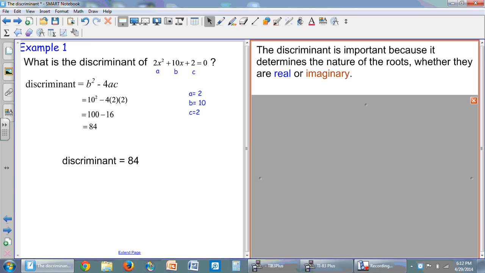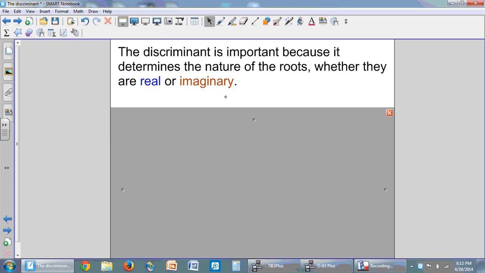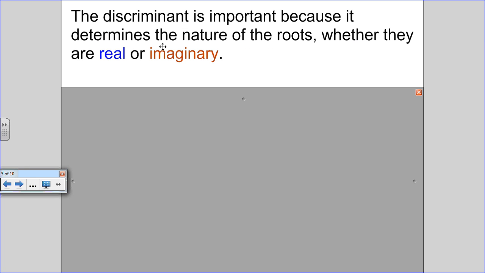Okay, the discriminant is important because it determines the nature of the roots, whether they are real or imaginary. So remember in the earlier slide we talked about you get imaginary roots when you don't have any x-intercepts.